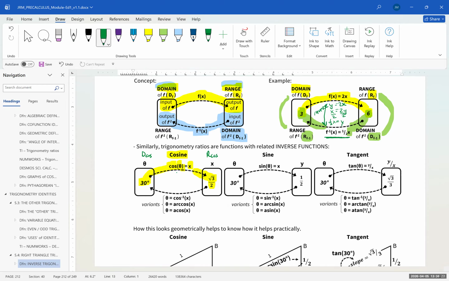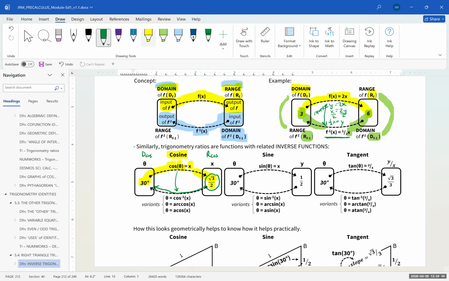Now, when we use an inverse cosine function, the inverse cosine function takes a value of x and it outputs the angle. And there's different ways to represent inverse cosine.